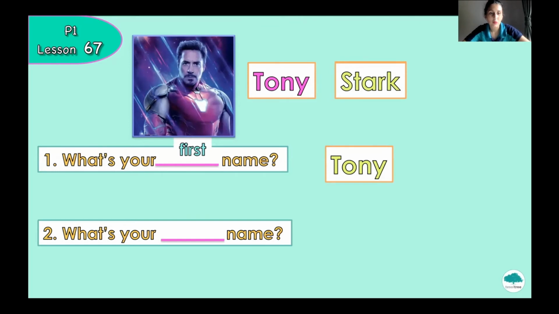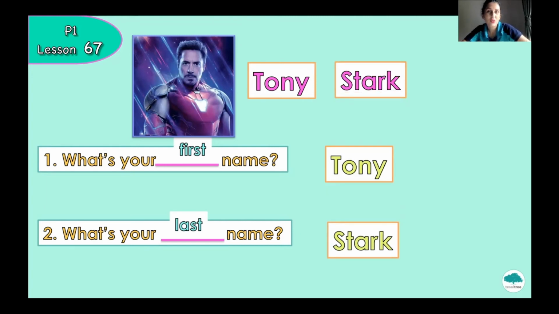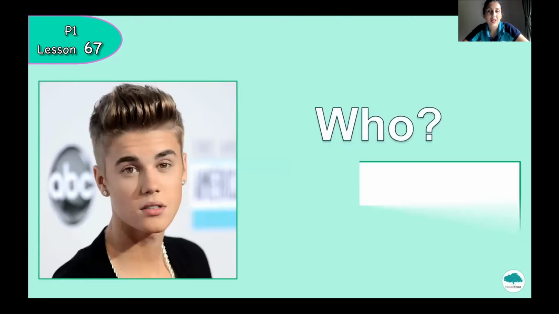And question number 2. What's your last name? Can you tell me the last name? Stark. Perfect. Okay, good. Question number 1. What's your first name? Tony. And what's your last name? Stark. Okay, good thinking, P1.